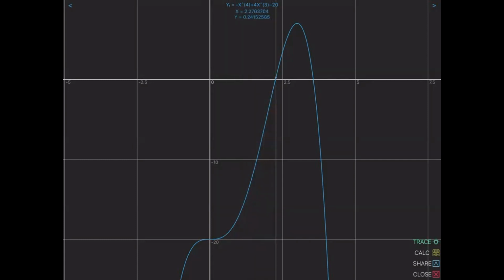So our function continues to go up until it reaches this high point at (3, 7), and then starts to come down after the second critical number. So at (0, -20), we have a saddle point because there's no change in direction, no change in behavior of our function. And then at (3, 7), there we have a relative maximum because our function changes from increasing to decreasing behavior.